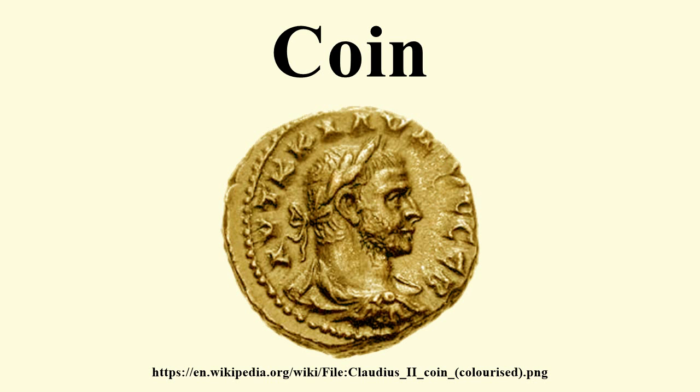Debasement. Throughout history, monarchs and governments have often created more coinage than their supply of precious metals would allow if the coins were pure metal. By replacing some fraction of a coin's precious metal content with a base metal, the intrinsic value of each individual coin was reduced, allowing the coining authority to produce more coins than would otherwise be possible.